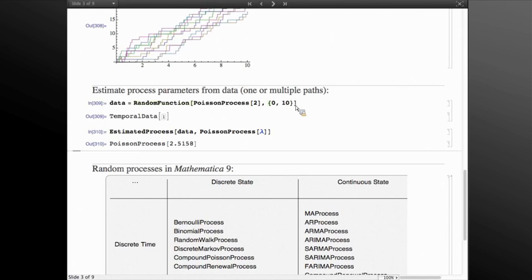If I extended the data either longer in time or more copies, I would get more data. So let's do the 10 times counting cars, and now when I fit it, you can see it's getting closer. The more data you get, the better your estimation will be. That's a big topic in itself, but we've made it just as simple as estimation for distributions.